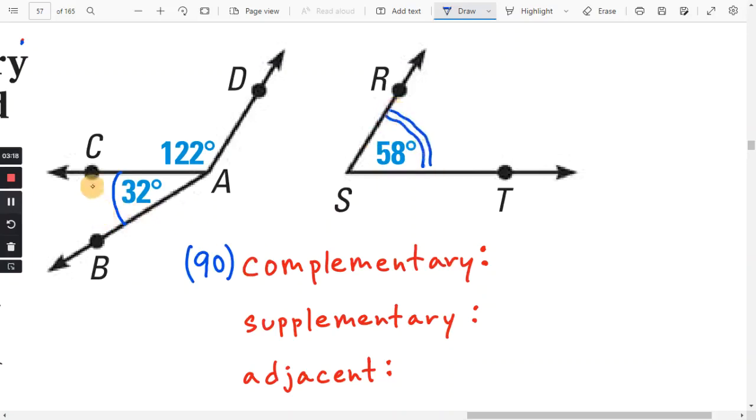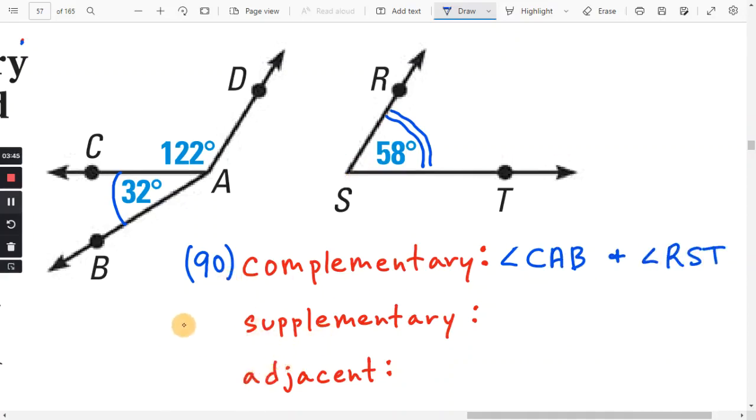So this one is angle CAB, and this one here is RST. Really, you can just say angle S because nothing else is there, but I don't want to confuse people. So I'm going to write out RST, because they add to 90 degrees.